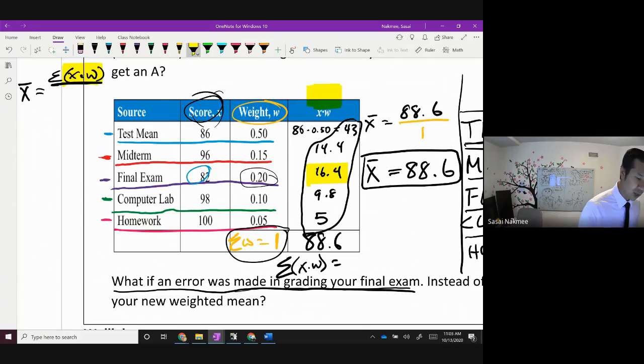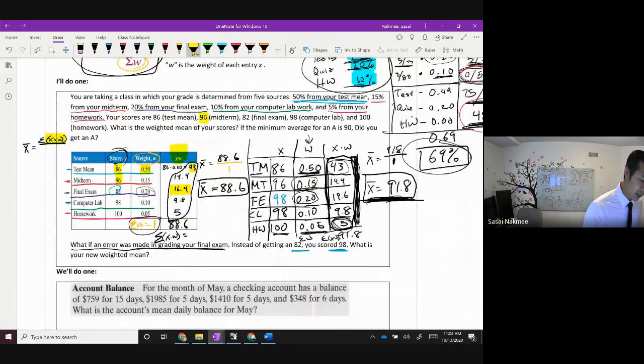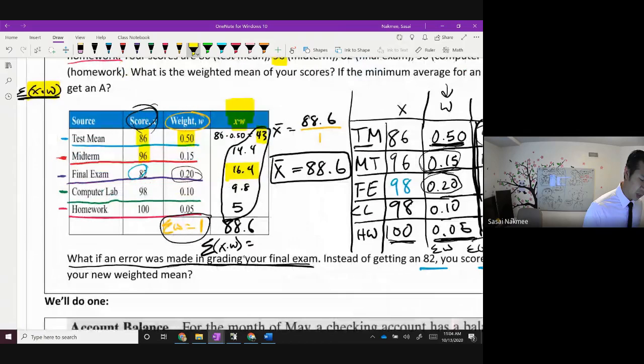So you need to take your X value and multiply it with your weights. So I had to take the 86 and multiply by 0.5 to get this 43, okay? And then I did it for all of them. I did the 96, which is the score that they told me, right? They told me that the score is 96 right here. So I took the 96 and I multiplied by its weight, which was 0.15.